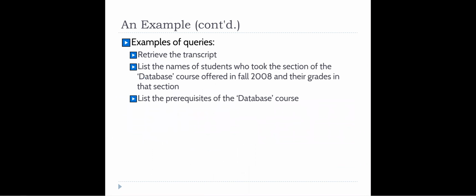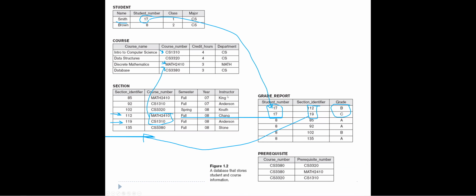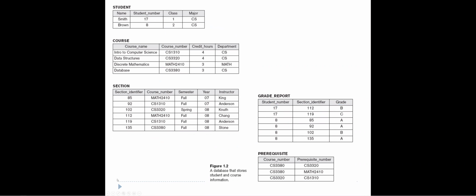Okay, what else do we have? List the names of students who took this section of the database course offered in fall 2008 and their grades in the section. So to find the students who took this section, if you go to the section, you will try to see who took the database course. First of all, we have to know the database course number.